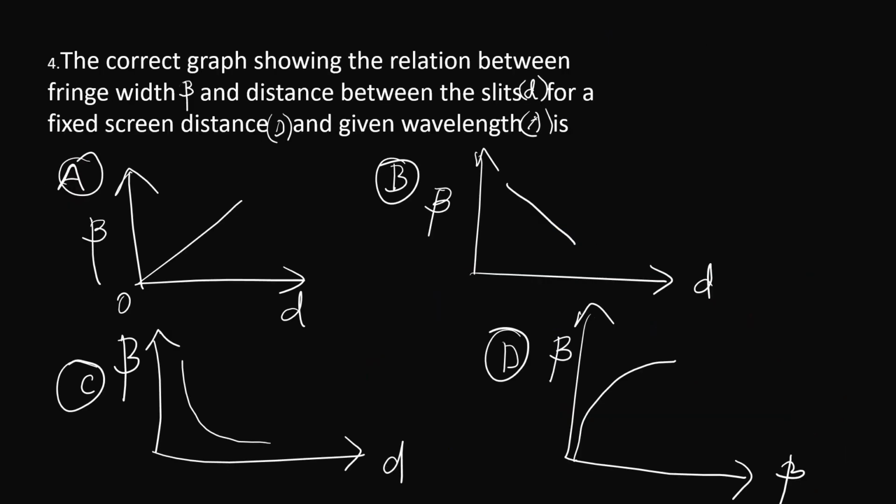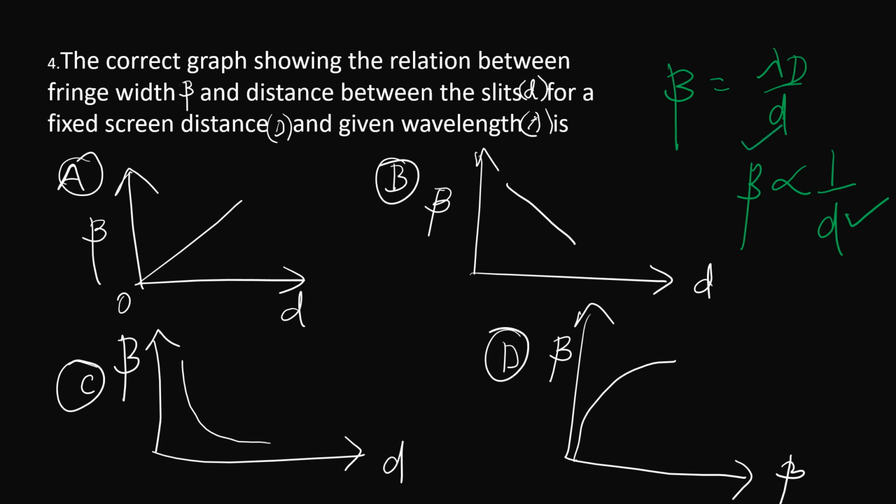The correct graph showing the relation between fringe width beta and the distance between the slits small d for a fixed screen distance capital D and given wavelength lambda is. We know that fringe width beta equals lambda D divided by d, or we can write beta proportional to 1 by d. As d increases, beta decreases, or vice versa.